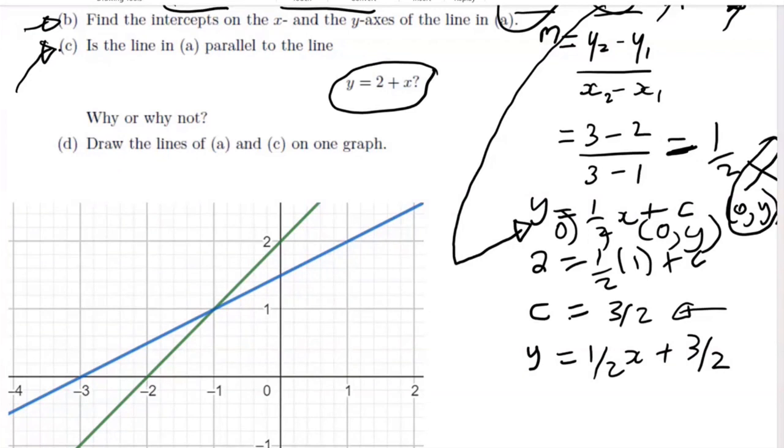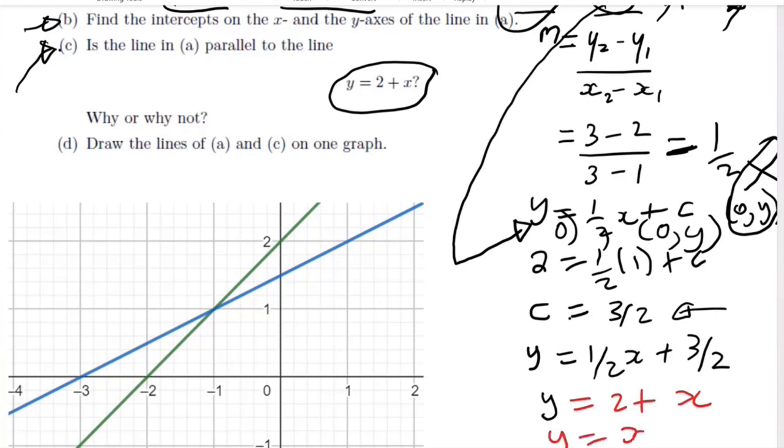So now we are asked to decide whether y is equal to 2 plus x. If you want to decide, you can rewrite this as y is equal to x plus 2. This is the same as this one.